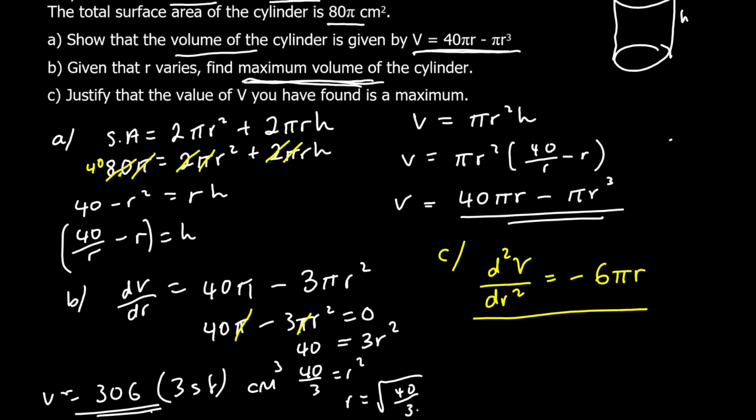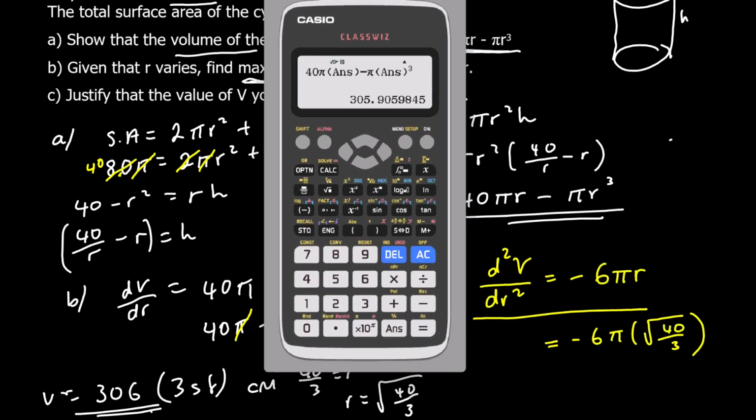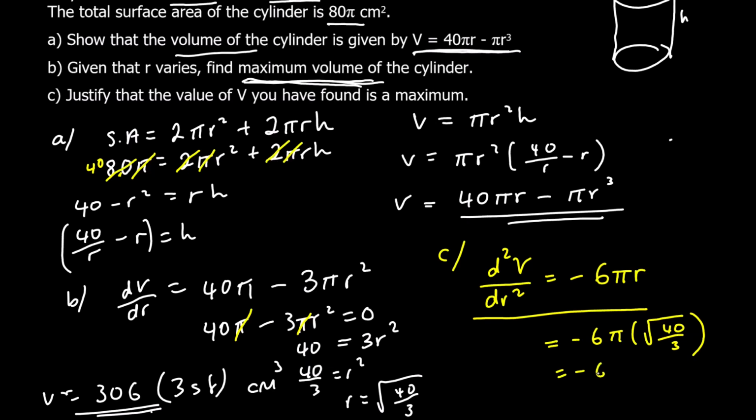When r is the square root of 40 over 3, we're going to get a negative answer. So negative 6 pi times the square root of 40 over 3. So we get negative 68.8. So it's negative.